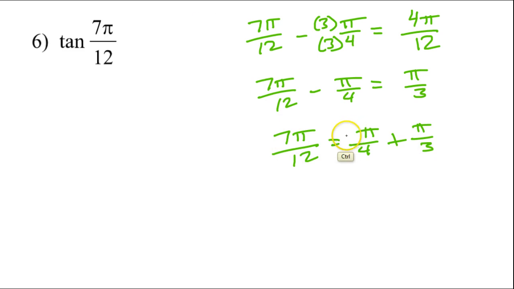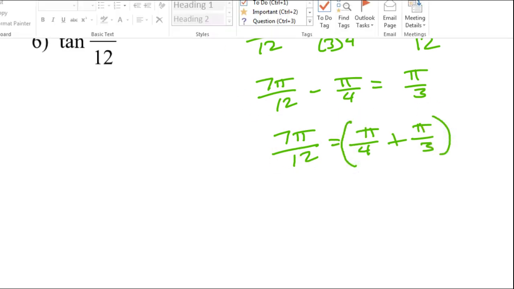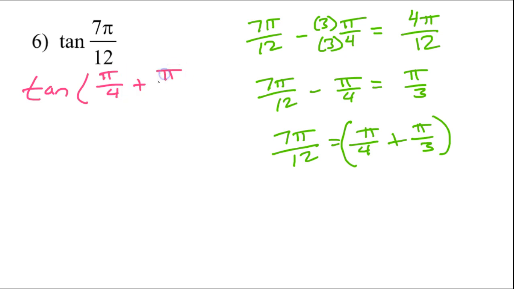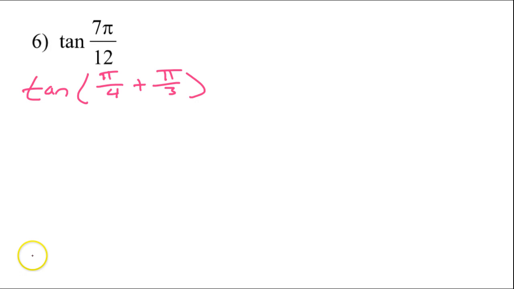So this is what I can use to substitute for 7 pi over 12. So problem number 6 can be rewritten as the tangent of pi over 4 plus pi over 3. Now the tangent sum formula goes tangent plus tangent over 1 minus tangent tangent.